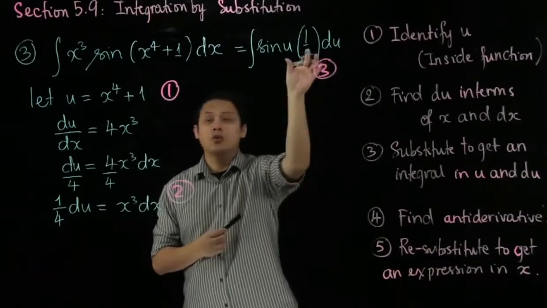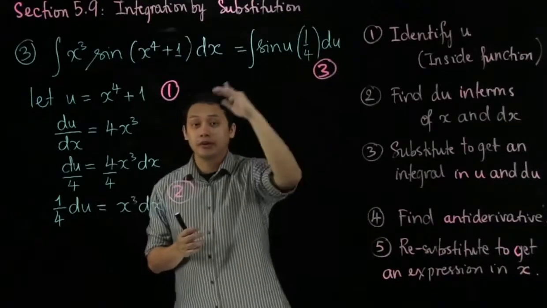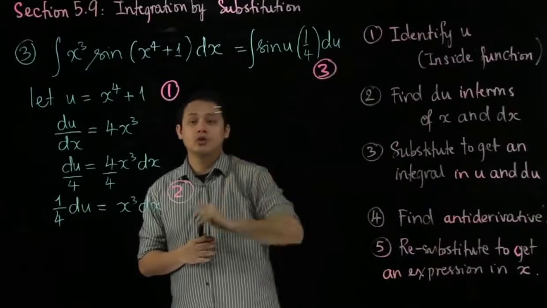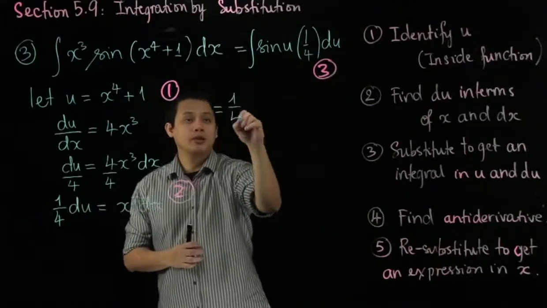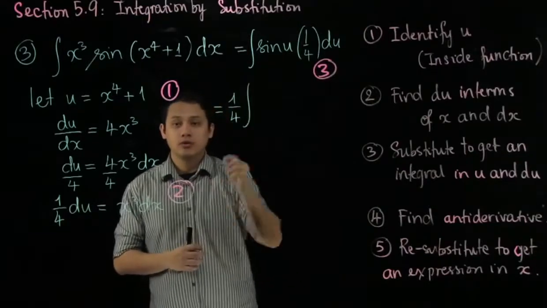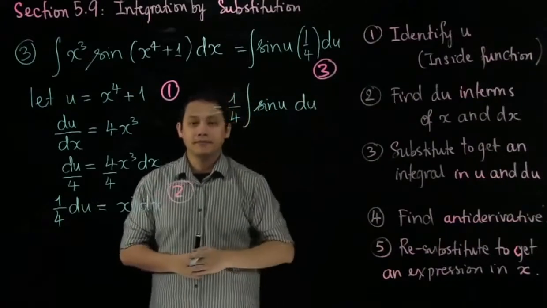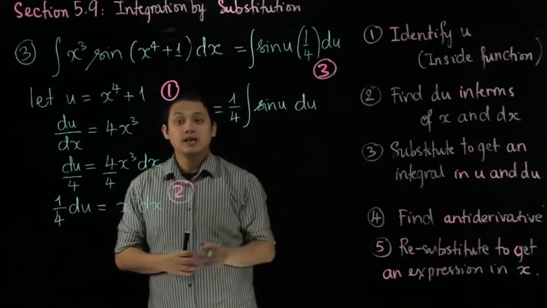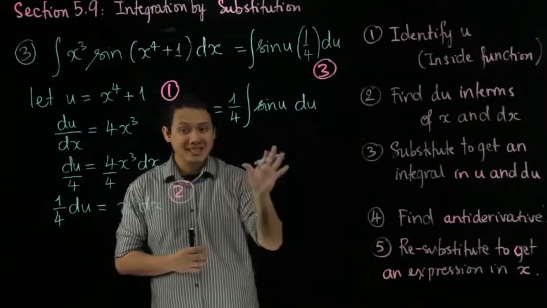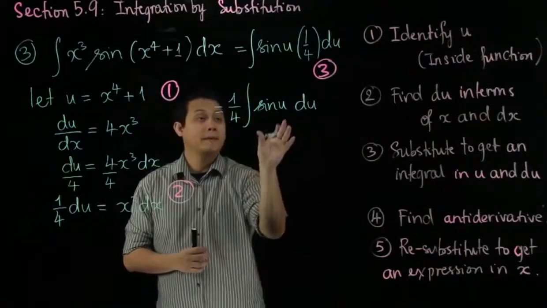So once again, 1/4 is the constant. You can bring the constant out of the integral operation. You are left with the integral of sine of u du. And what is the antiderivative of sine of u? You need to be careful here, right?